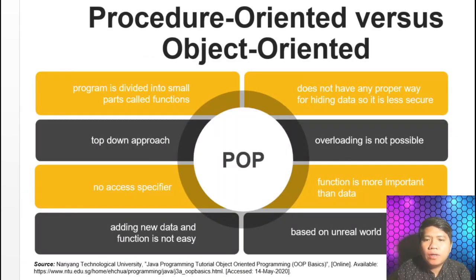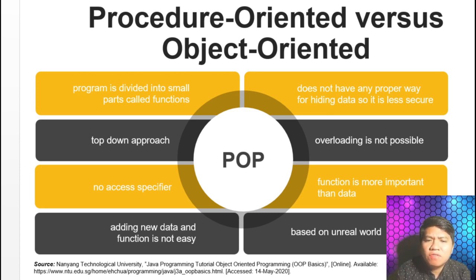So let us compare procedure-oriented and object-oriented. In procedure-oriented programming, the program is divided into small parts called functions. Again, I already discussed this earlier. So in procedure-oriented, we always create programs through function callings only.